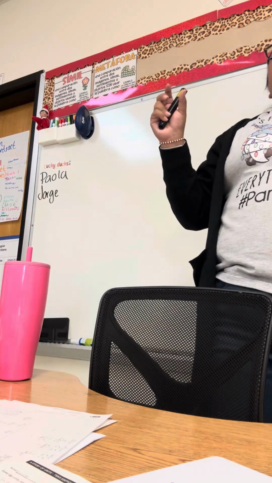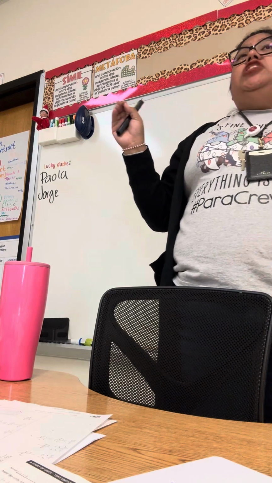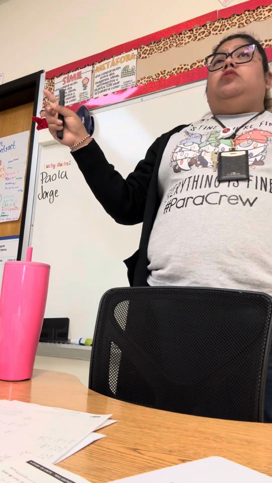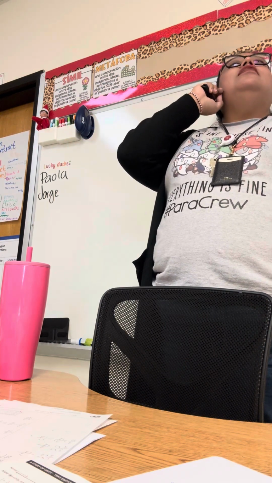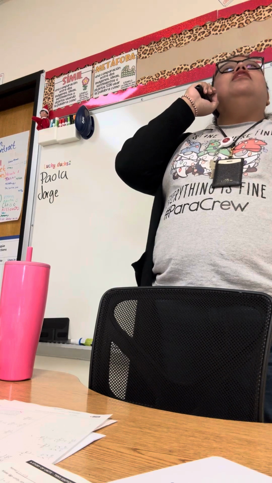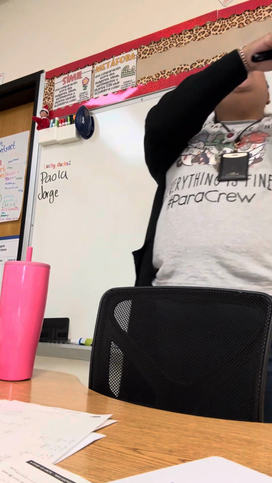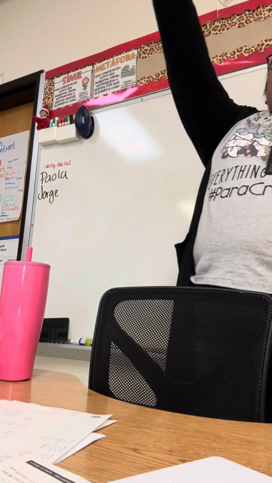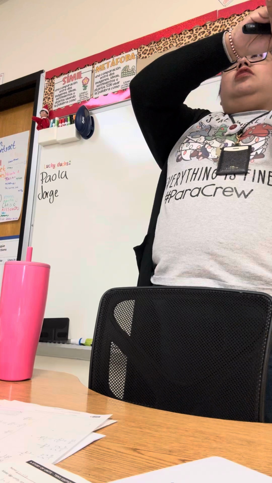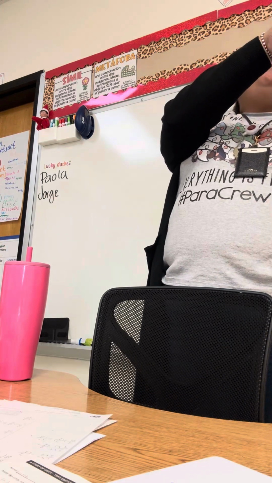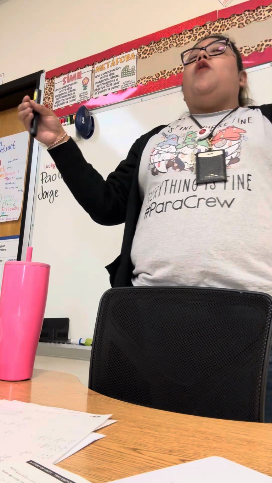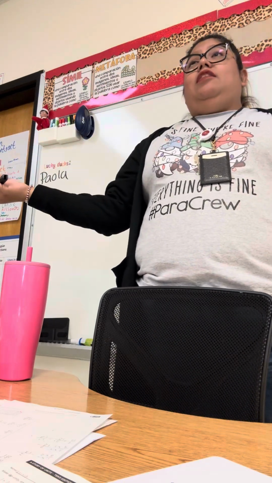When you end up with an improper fraction, what should you always do? We have an improper fraction, and we have to go from improper fraction to what?